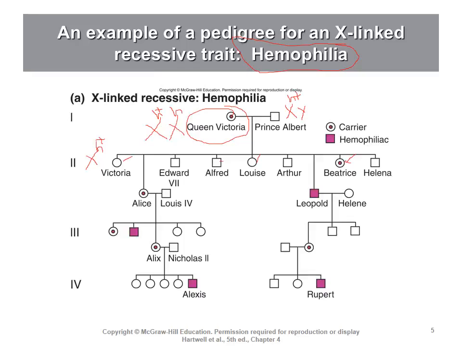But these girls have two options, the probability to get either the wild type allele or the mutant allele. That's why this female is homozygous for the wild type, as the pedigree suggests, while this one, Patrice, is heterozygous.